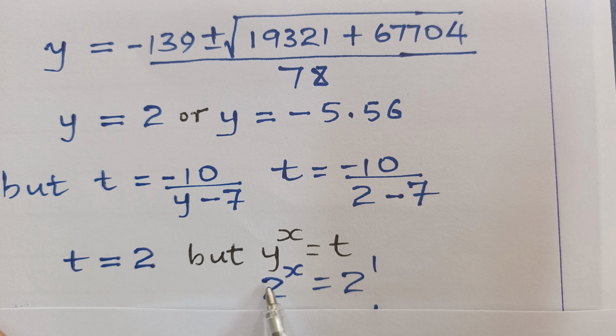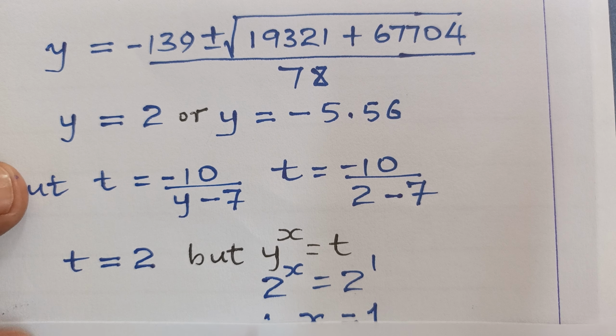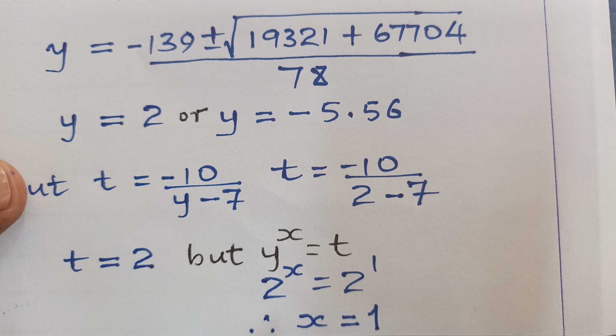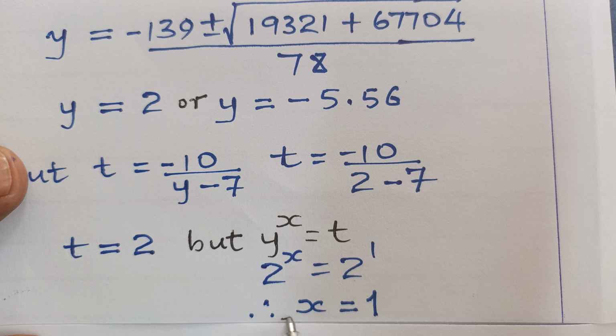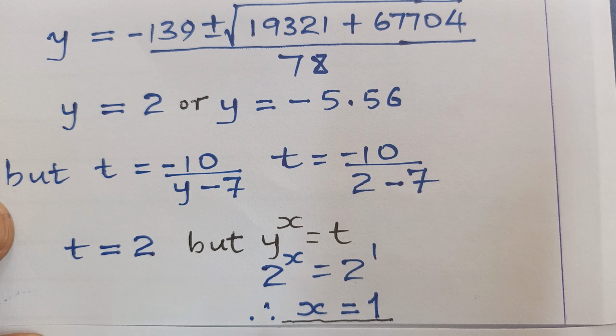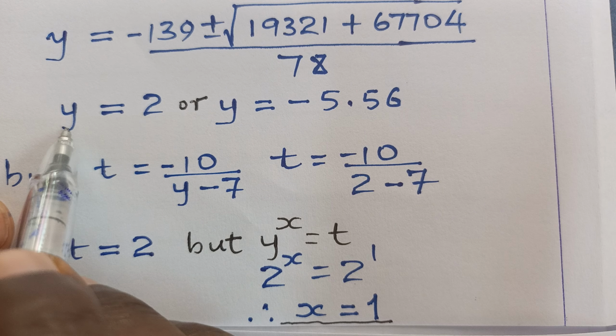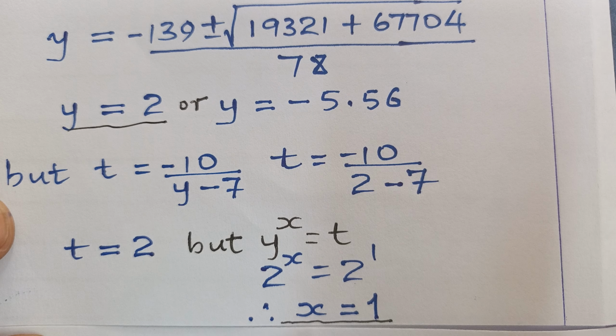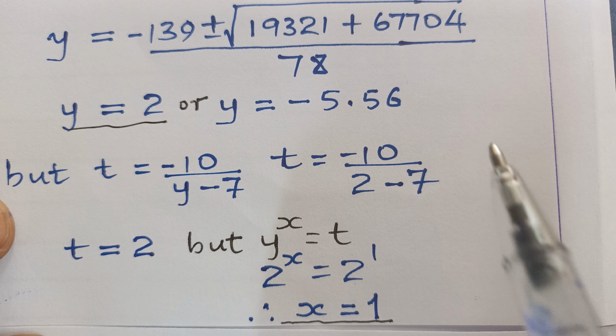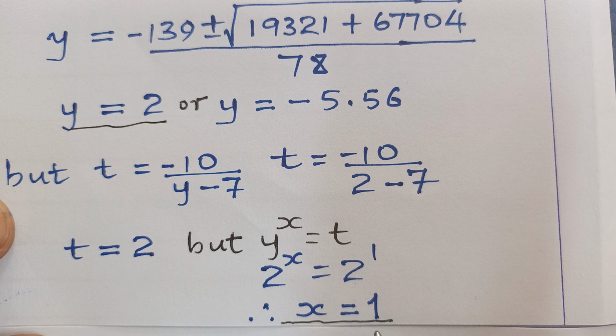Already, guys, we know what y is, and y is 2. Then we are left with x. If the bases are the same, the powers should also be the same. And so our x equals 1. So guys, we've been able to establish our solution. That is y equals 2 and x equals 1. And so these are our solutions.